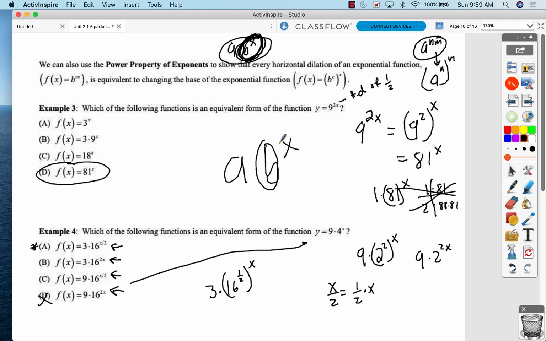So I'm looking for something to the power of x. So now I have something to the power of x. Now 16 to the half is 4. So anything raised to the half is the same thing as the square root. So 16 to the half is the same thing as the square root of 16. So that's going to be 4 to the x. So does that give me that? No.